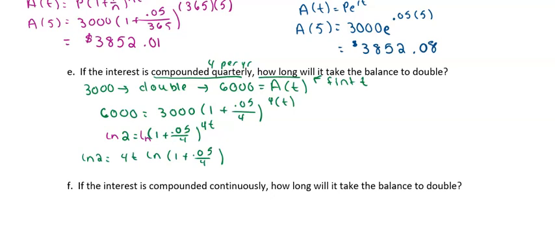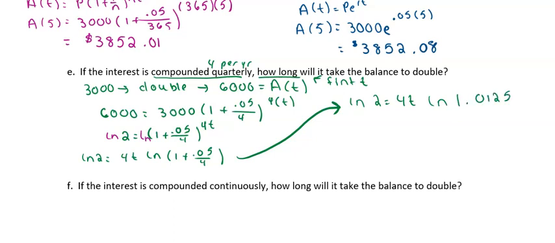So now we need to figure this all out. Well, let's do a little bit of an intermediate step so we can make sure we're getting it typed in right. So we have the natural log of 2 is equaling 4t, and if you type in the natural log of 1 plus 0.05 over 4, it's going to look like the natural log of 1.0125.